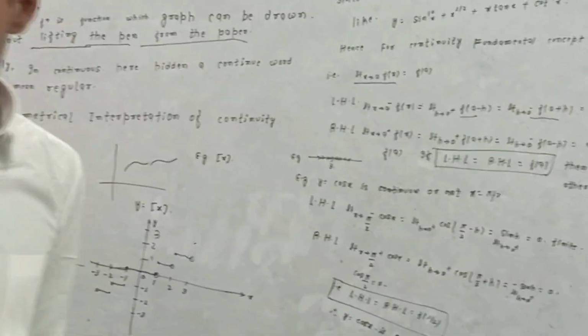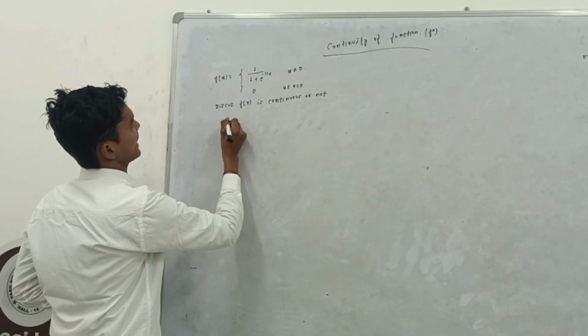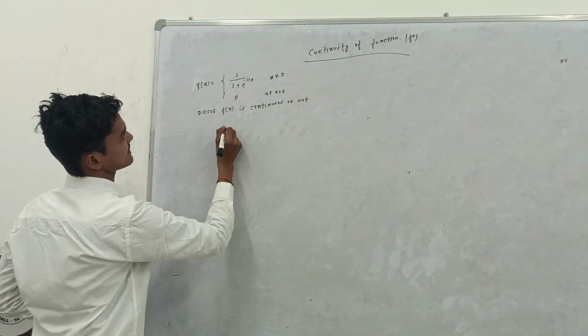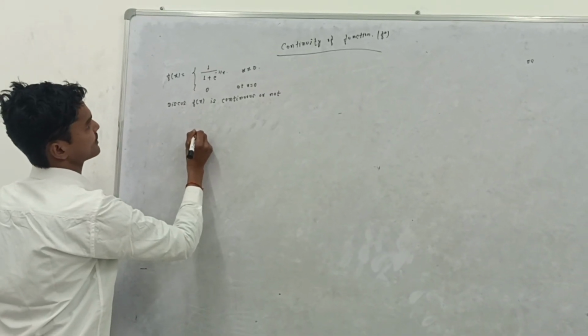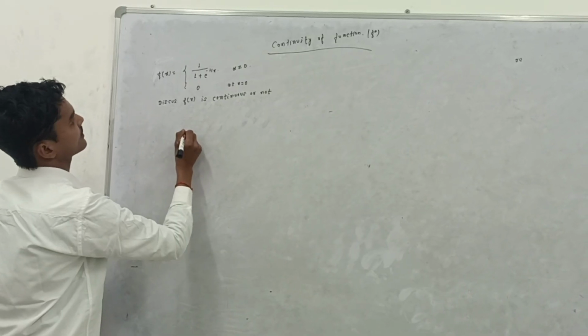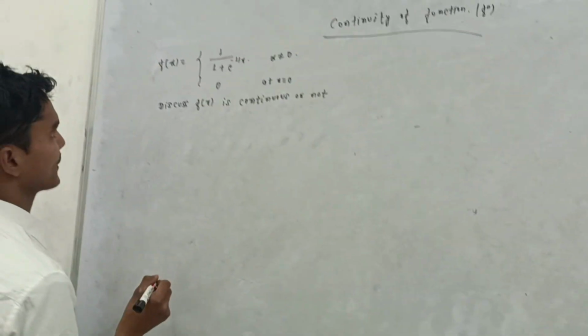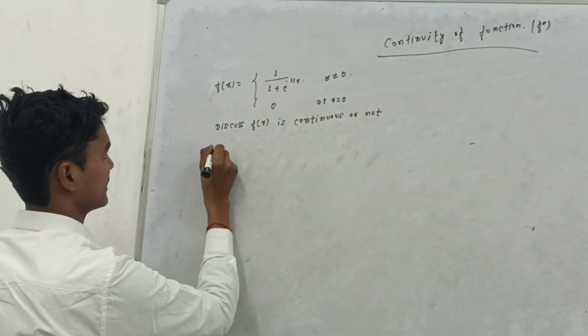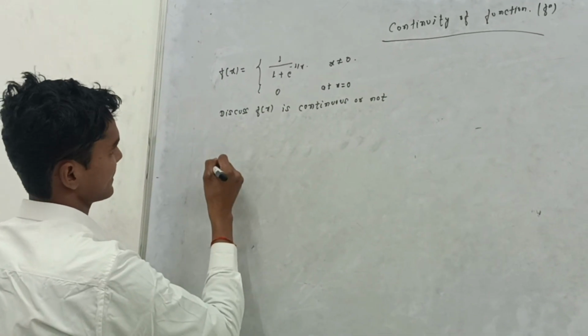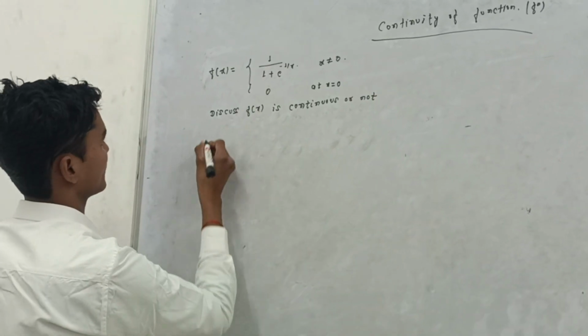Now f(x) is equal to 1 upon 1 plus e to the power minus 1 by x, for x not equal to 0, and at x equal to 0, discuss whether f(x) is continuous or not. First we find its left hand limit, then the right hand limit, and the function value is given already.